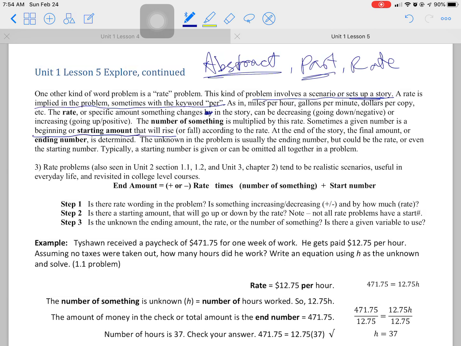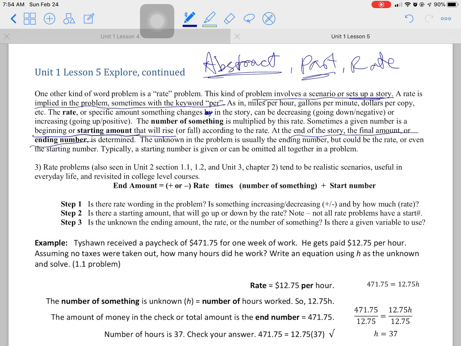It's going down by the rate of whatever. So it could be a negative number as well as a positive number. So you have the starting number, and then it goes up, or you can just say, I need this many times that. So it's the number of something, maybe a starting amount, maybe an ending amount at the end of the story. The final count or the ending number is determined.